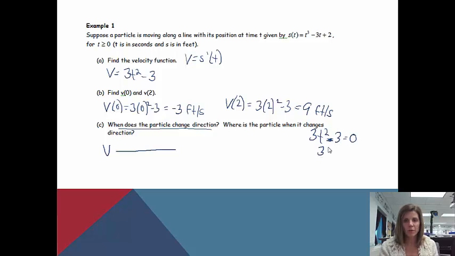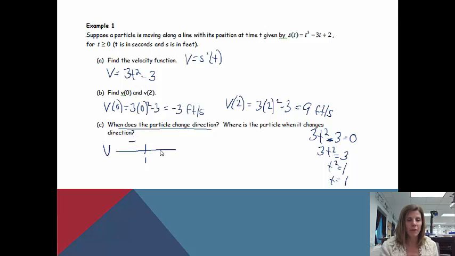So I'm going to actually add 3 to both sides, divide by 3, and then t would equal plus or minus 1, but since we're talking about particle motion and time, we're not going to go into negative time, so t equals 1. And now, just because I get t equals 1 as my critical number doesn't mean the particle changes direction. We do need to test it to make sure the signs change. So if I put 0 into my velocity formula, I will get a negative number.